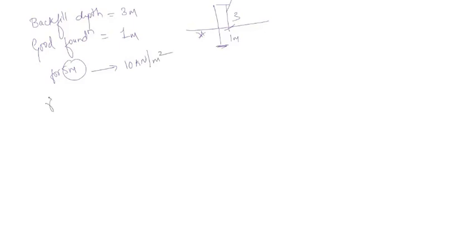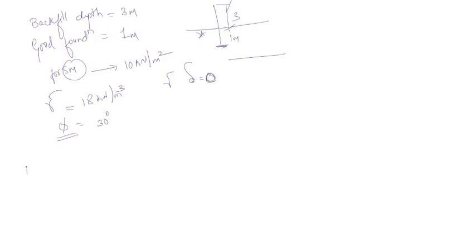The density of this soil he has given as 18 kilonewton per meter cube. If he has not given it, just take it as 30 degree for the angle of repose. The slope angle he has not given and says it is horizontal, so we will take it as 0.